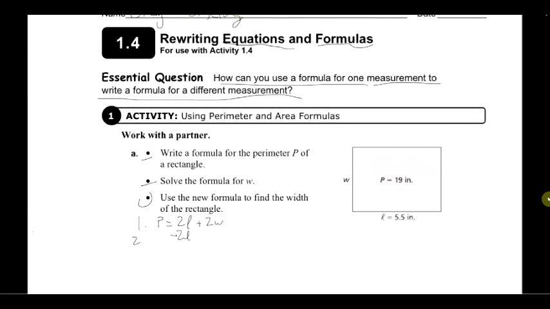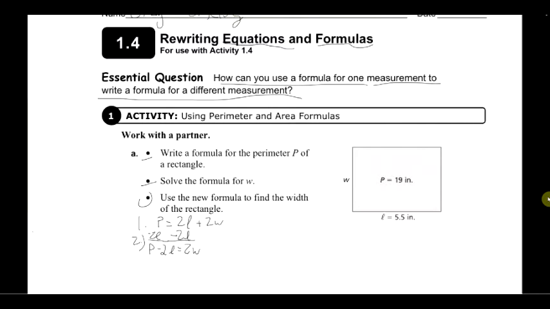We subtract 2L from both sides. So we get P minus 2L equals 2W.